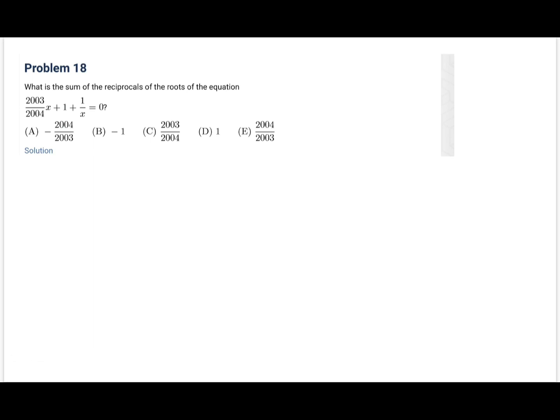Number 18, what is the sum of the reciprocals of the roots of the equation 2003 over 2004 x plus 1 over x equals 0? Then we would have to multiply by x to both sides, so 2003 over 2004 x squared plus x plus 1 equals 0.